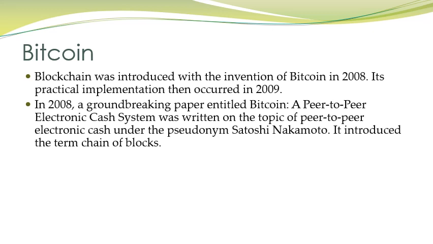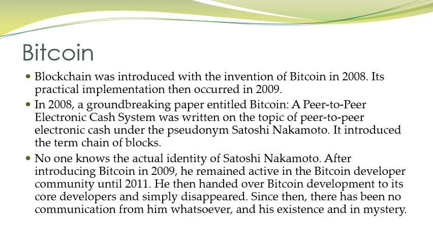In 2008, a groundbreaking paper entitled Bitcoin: A Peer-to-Peer Electronic Cash System was written under the pseudonym Satoshi Nakamoto. Satoshi Nakamoto introduced Bitcoin, its practical implementation appeared in 2009, and no one knows the actual identity of Satoshi Nakamoto.